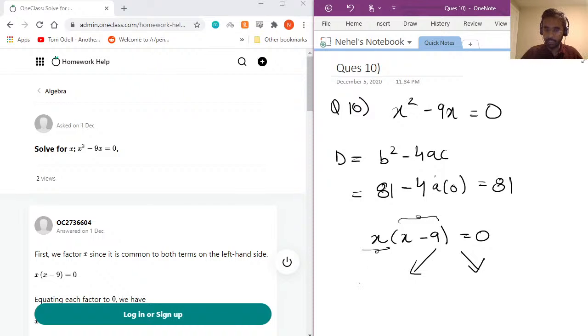So for the first case, we would have to have x equal to 0. And for the second case, for that to be 0, we would have to have x minus 9 equal to 0, or we would have x equal to 9.